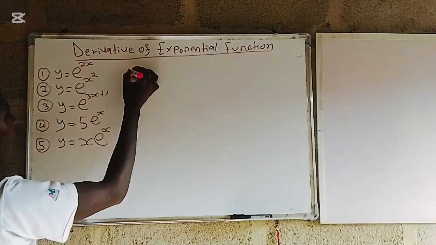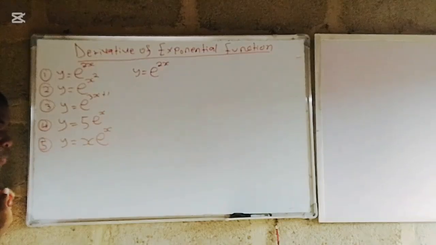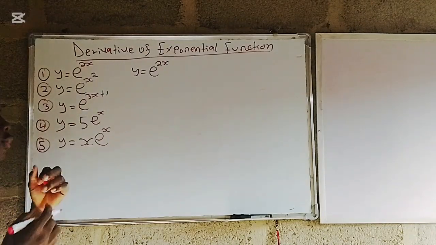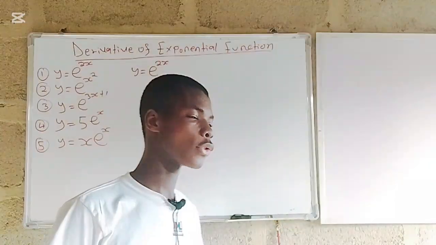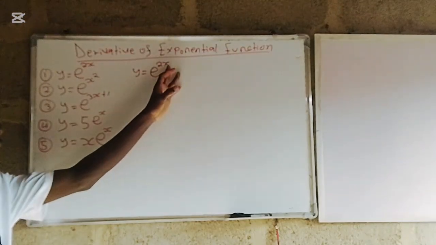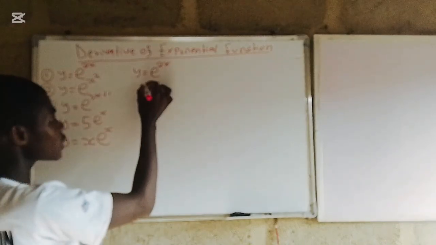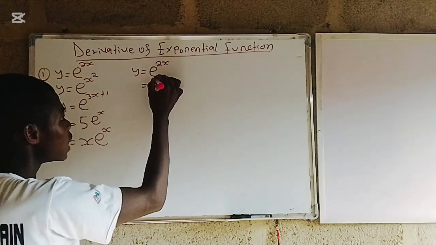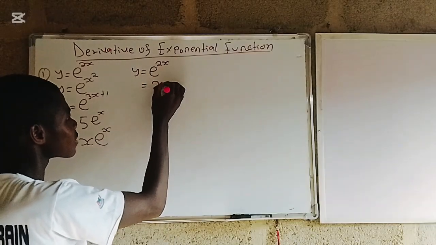So I have y equals e to the power of 2x. How can you solve this problem? If you come across this, you have to first take note of 2x.